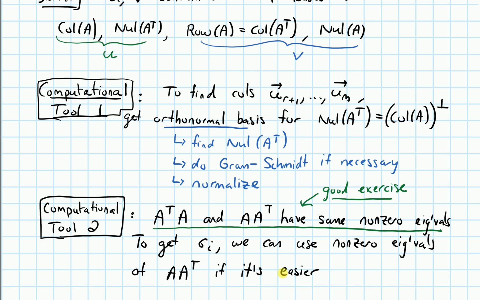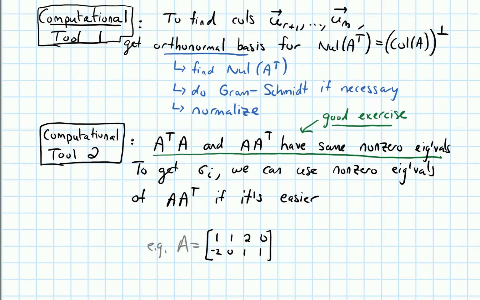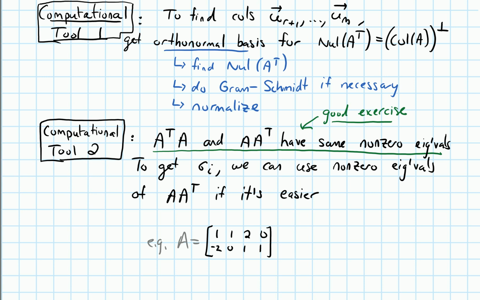So let's look at an example. So let's say A was this matrix right here. So this is a 2x4 matrix. So let's look at both A transpose A and A times A transpose to see which one seems like it would be easier in terms of finding our eigenvalues.